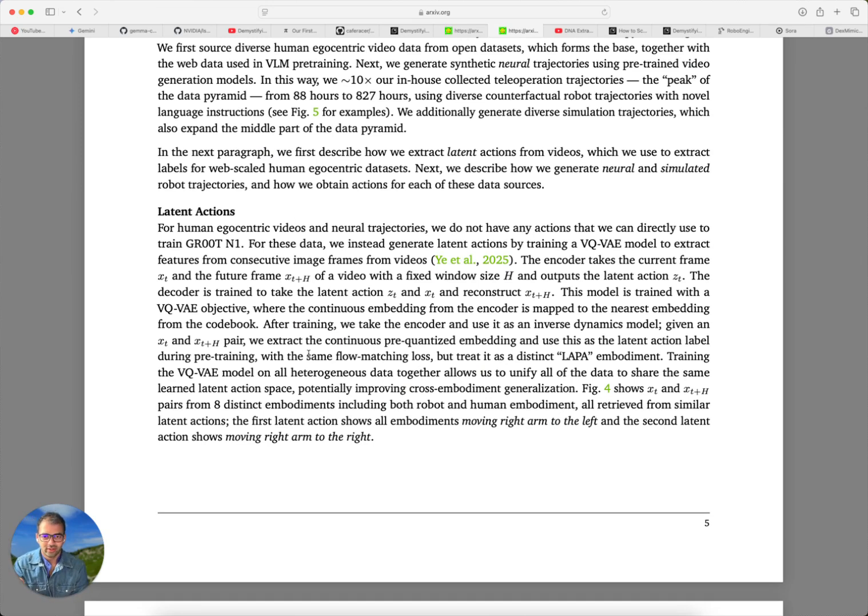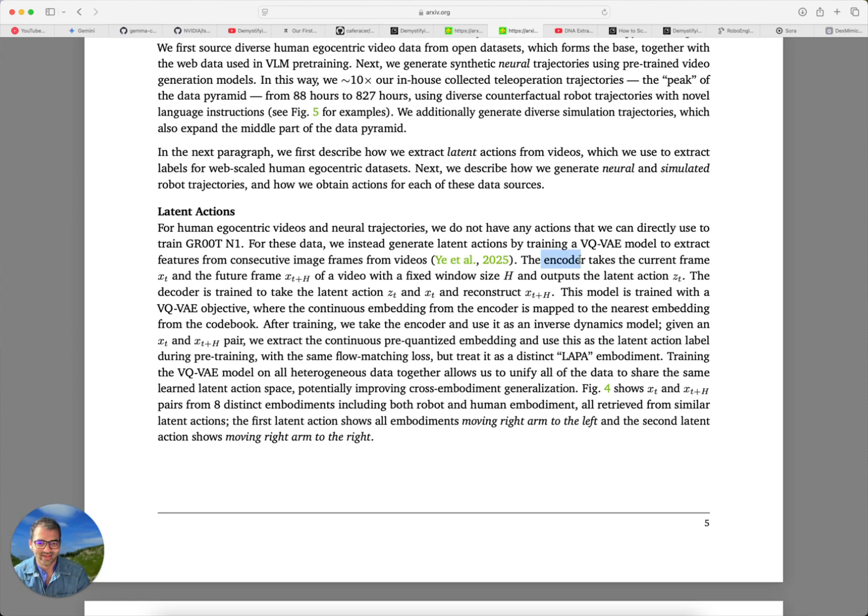And the way they do it is by training a VQVAE, or a variation of it. I sometimes get confused between the variants.